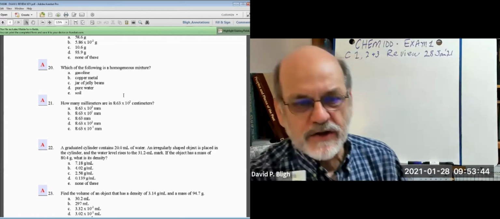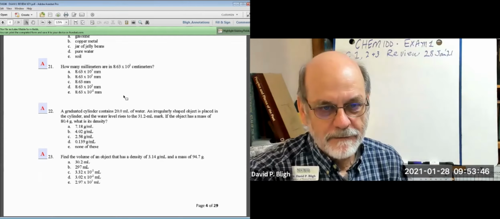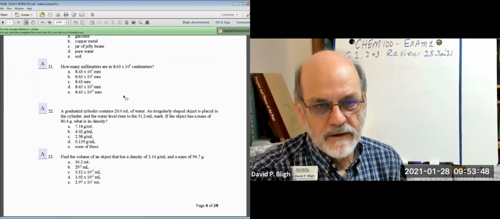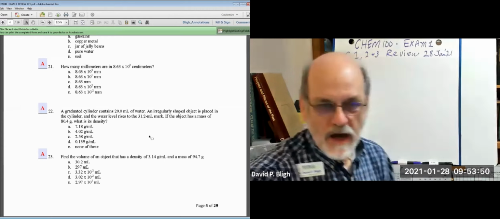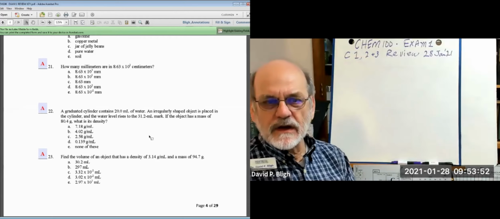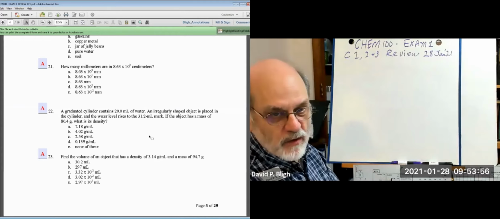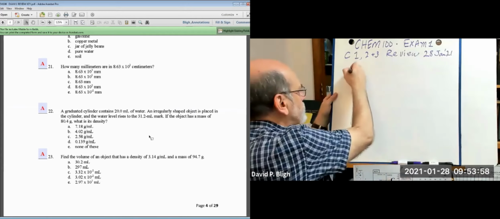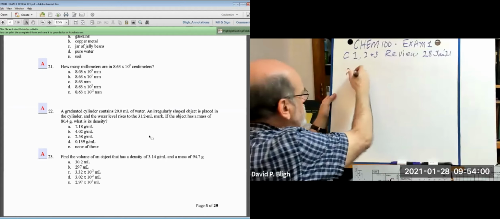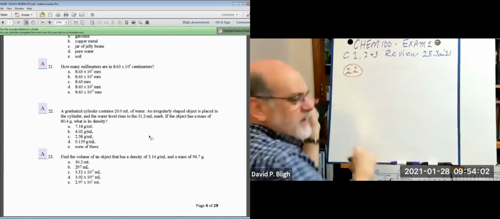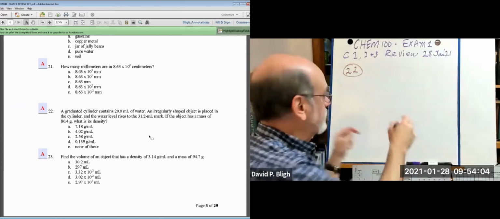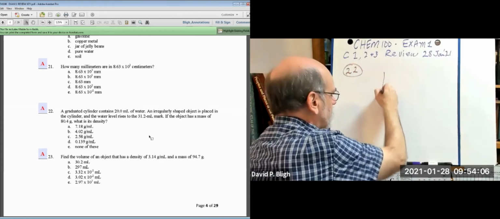Let's look at number 22. Oops, sorry. There, 22. A graduated cylinder contains 20.0 milliliters of water. Sometimes it's helpful to draw a picture, right? So let's draw a picture.